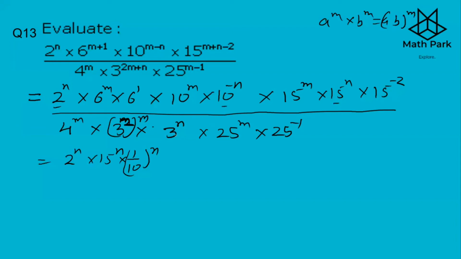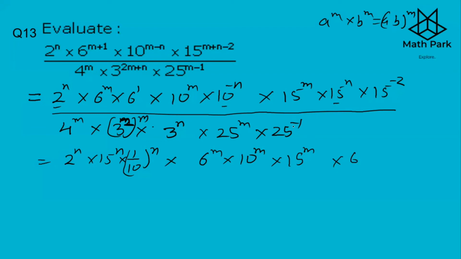Okay, into, again we have 6 raised to m into 10 raised to m into 15 raised to m we took together. Now we have taken all this, now we are left with only 6. Let us write this 6 over here.